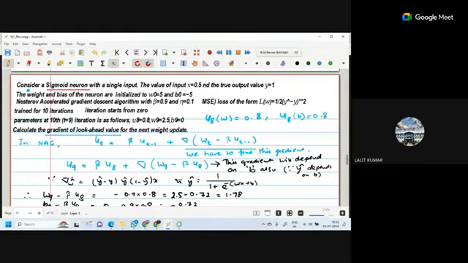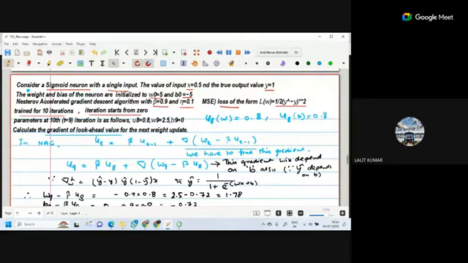Sigmoid neuron, single input, value of input x is equal to 0.5 and the true output y is equal to 1. The weight and bias of the neuron are initialized to 5 and minus 5. Nesterov accelerated gradient descent algorithm with beta equal to 0.9 and eta equal to 0.1. Loss is mean square error. It is trained for 10 iterations.